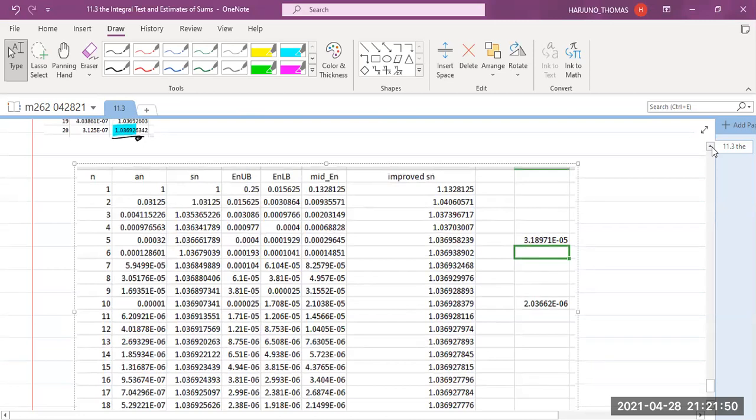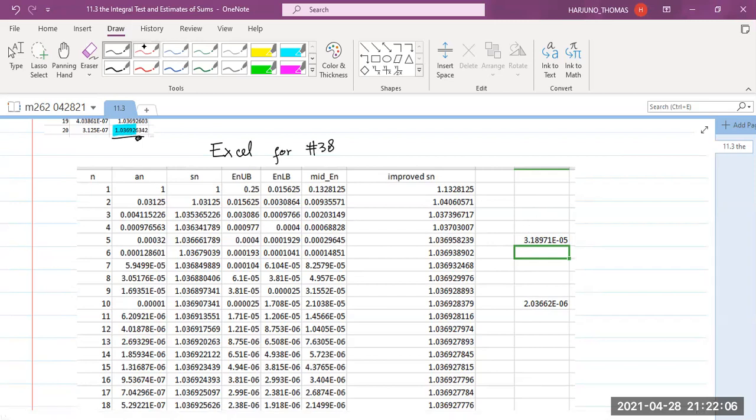This is my Excel result using number 38. Okay, this is the error between the sum up to 20 terms and the modified S5.